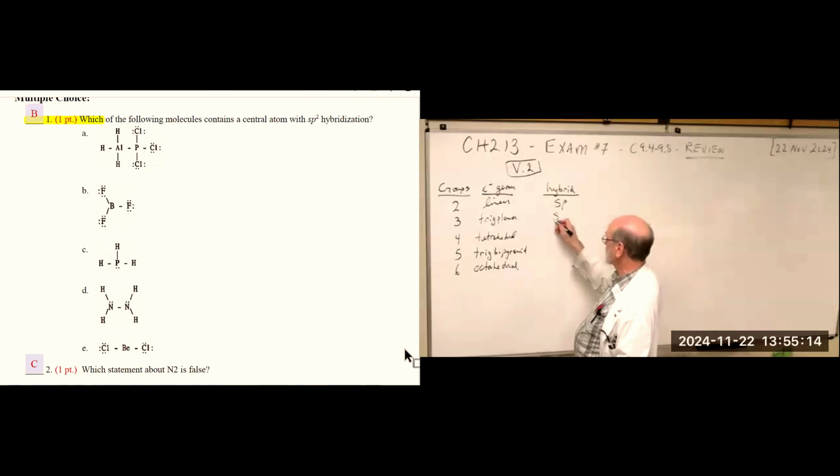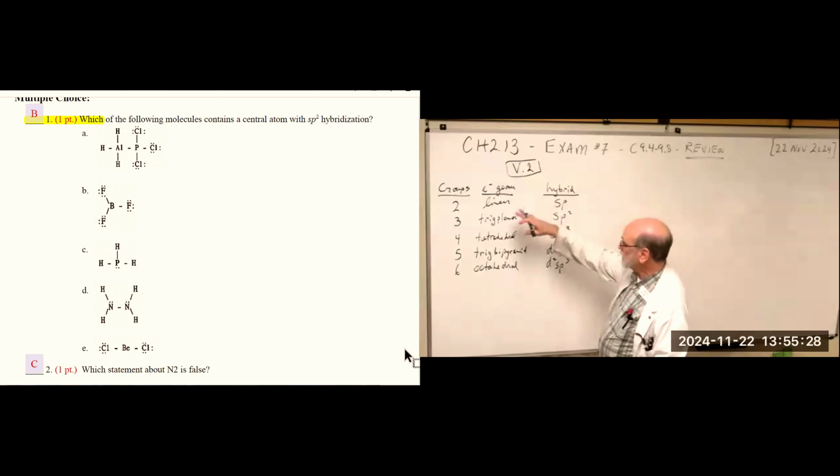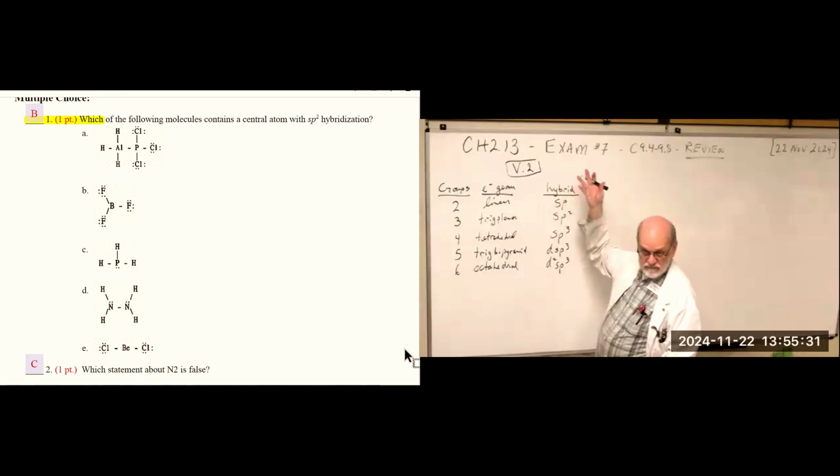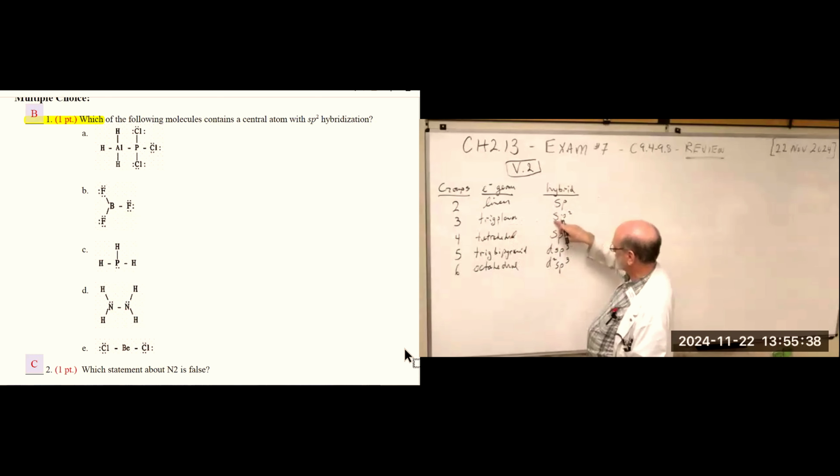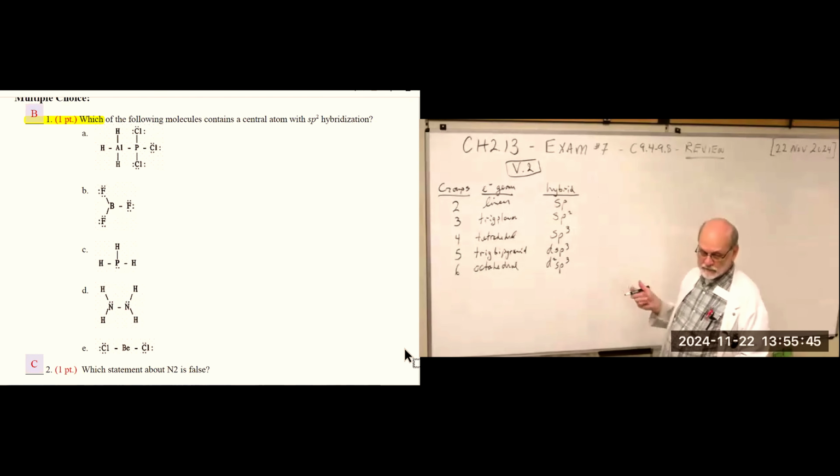Trigonal planar is sp2, tetrahedral is sp3, trigonal bipyramid is dsp3, and octahedral is d2sp3. It's really very simple. With 2 groups, you need an s and a p. Two orbitals combine to make 2 hybrid orbitals, and trigonal planar is 3, and so on for 4, 5, and 6. So it's really simple. Okay, now to answer the question.